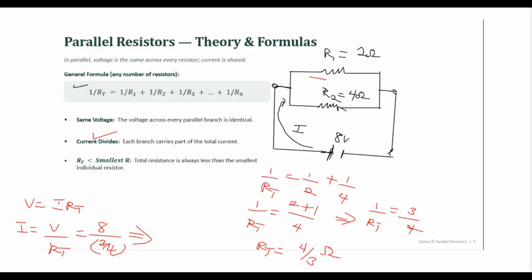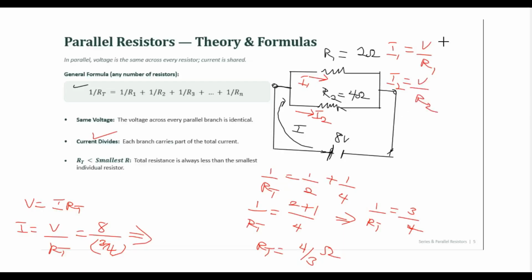If I want to get the current through this, let me call this one I1, let me call this one I2. Once I know that the voltage across them is the same, I can apply Ohm's law individually there. I can say I1 is equal to V over R1, and I'll get the current for that resistor. I can also say I2 is equal to V over R2.